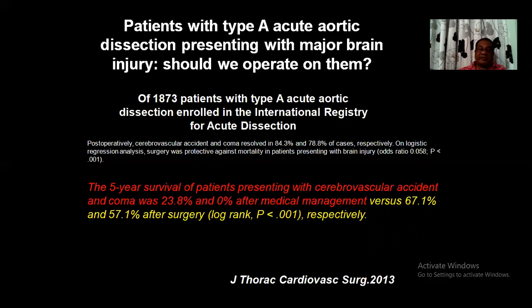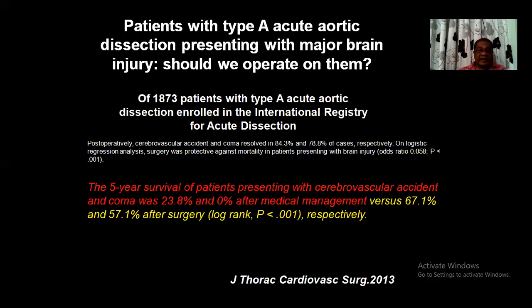Postoperatively, cerebrovascular accident and coma resolved in 84.3 and 78.8% of the cases, respectively. On logistic regression analysis, surgery was protective against mortality in patients presenting with brain injury. So the odds ratio is 0.058 and the p-value is less than 0.001.